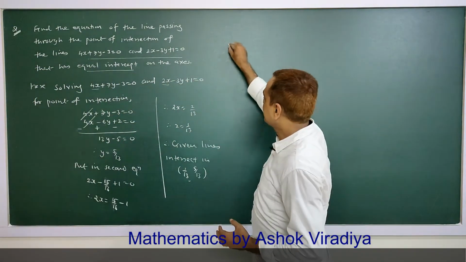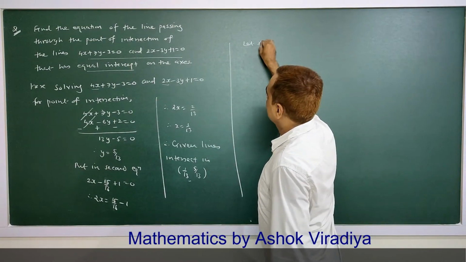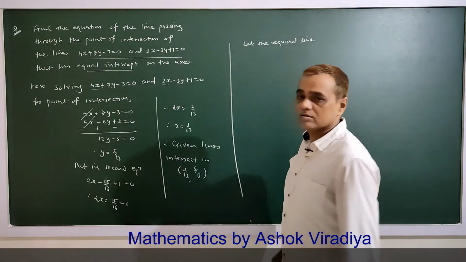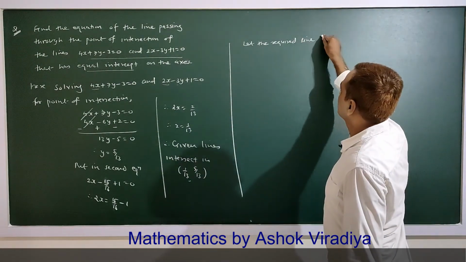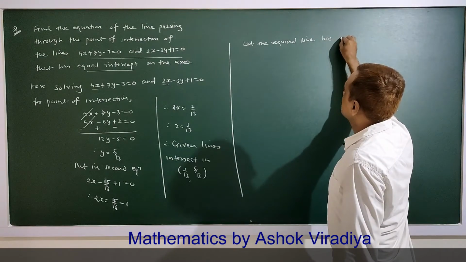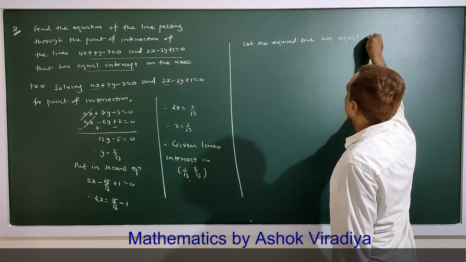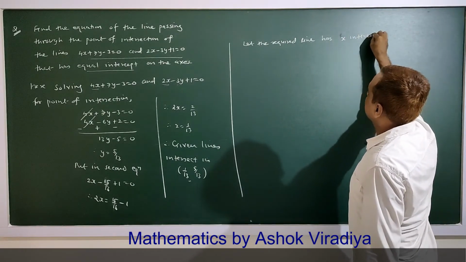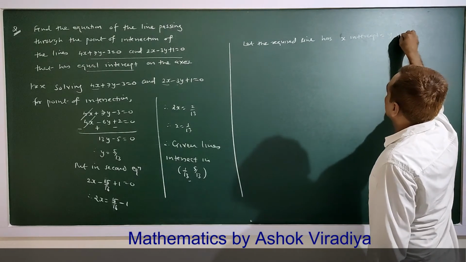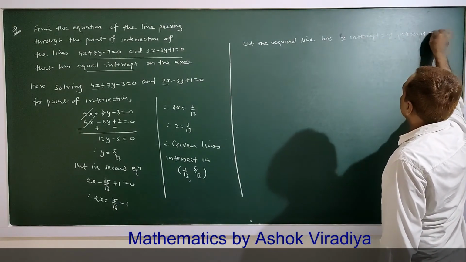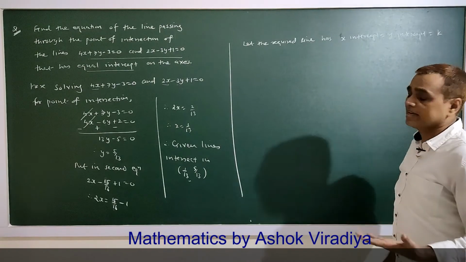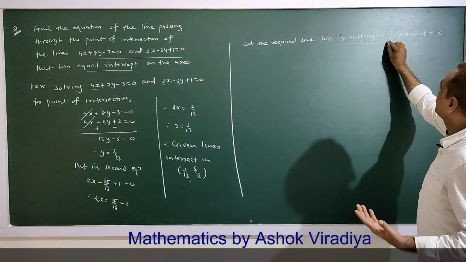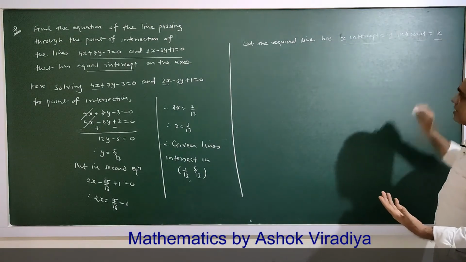So let the required line has equal intercepts, x intercept equal to y intercept, both equal to k. Suppose that required line has x intercept equal to y intercept equal to k.